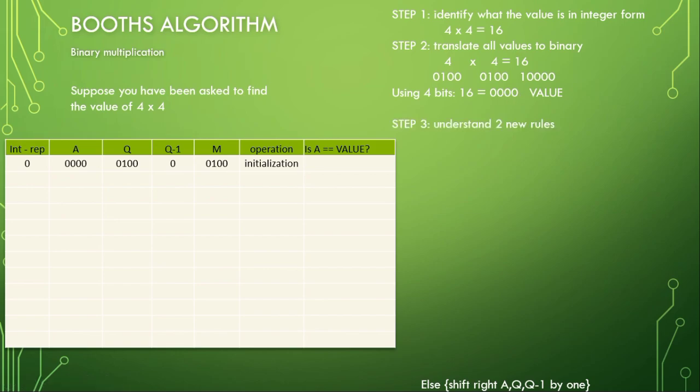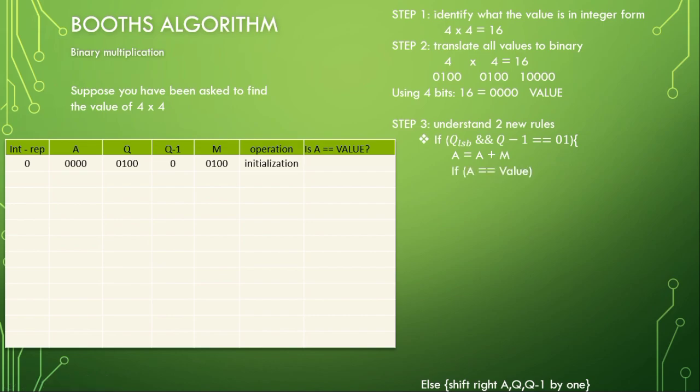Good. So now step 3 says understand 2 new rules. Rule 1: if the least significant bit of Q and the Q minus 1 column are 0 and 1, then we perform an addition operation in the accumulator.